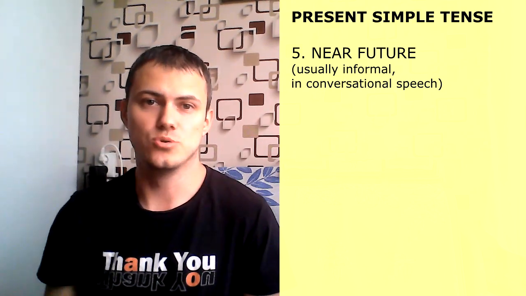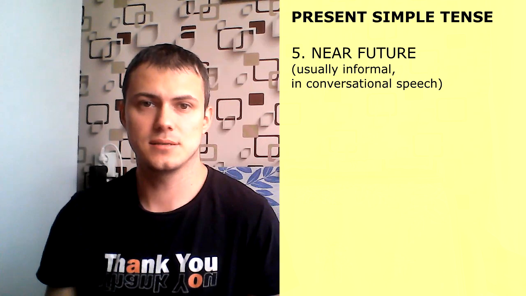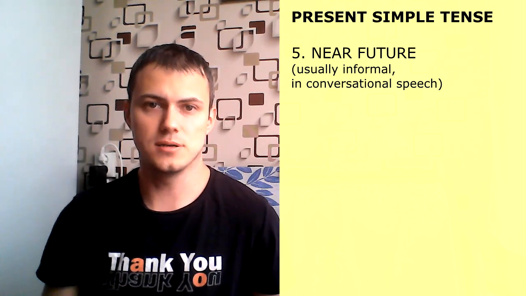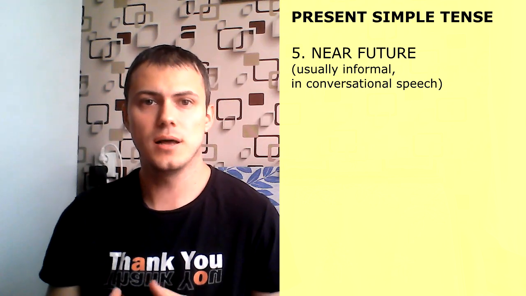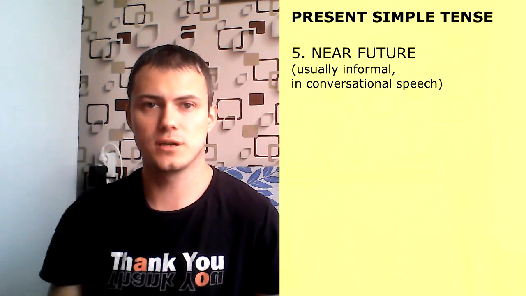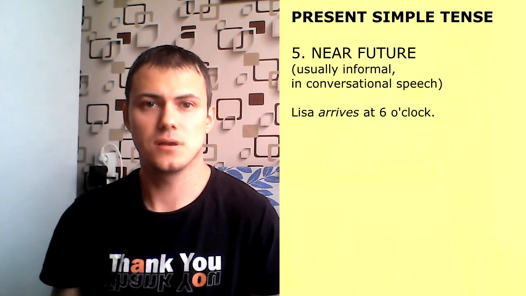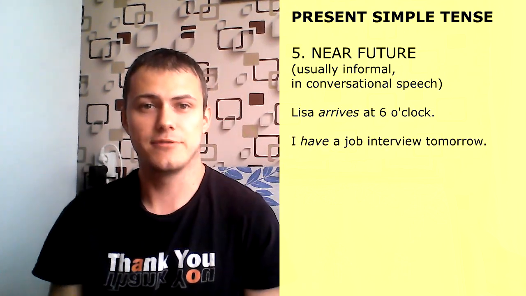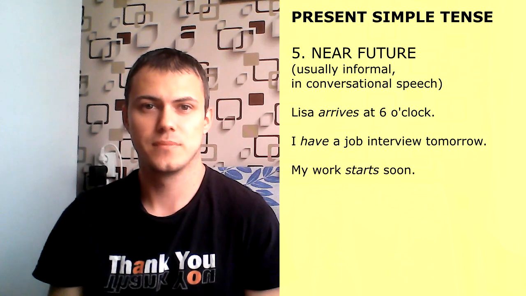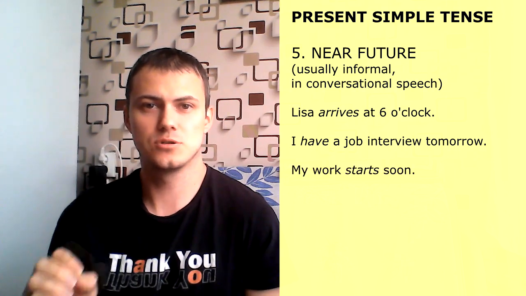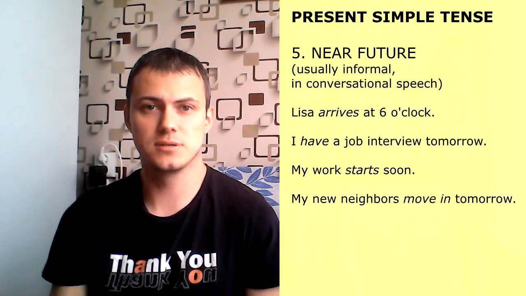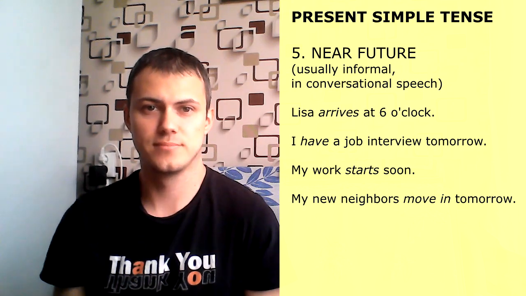We can use the present simple tense, especially in spoken English, when we talk about situations that will happen soon. For example, Lisa arrives at 6 o'clock. I have a job interview tomorrow. My work starts soon. My new neighbors move in tomorrow.